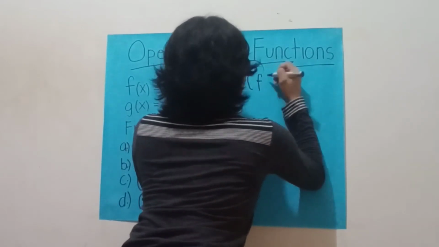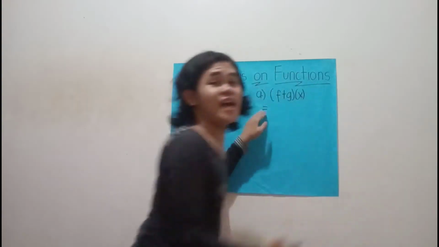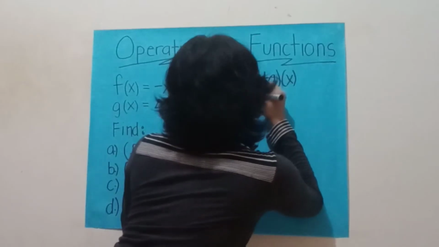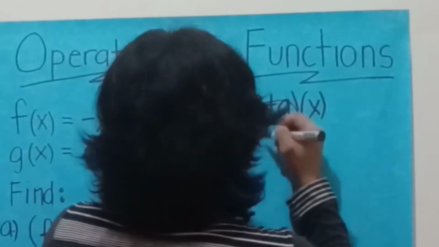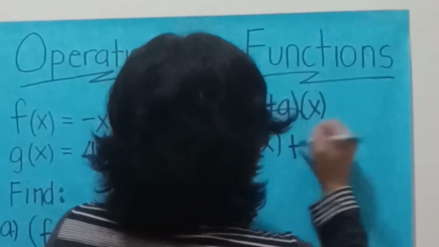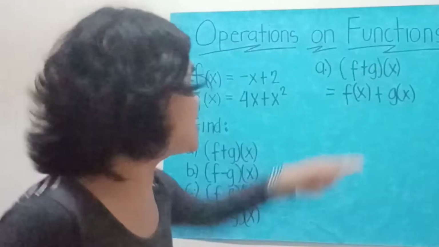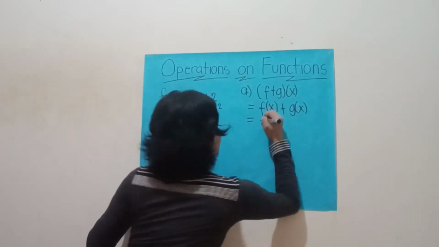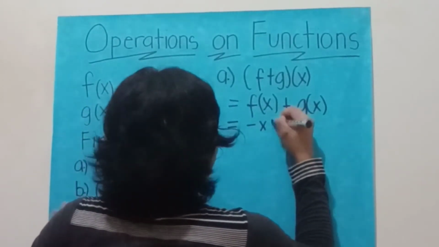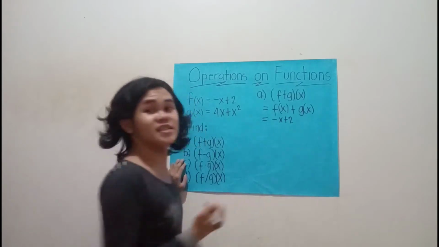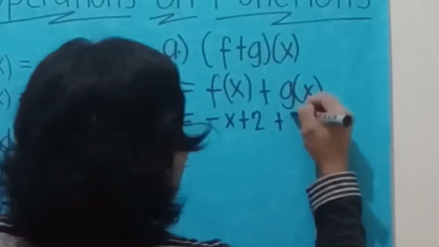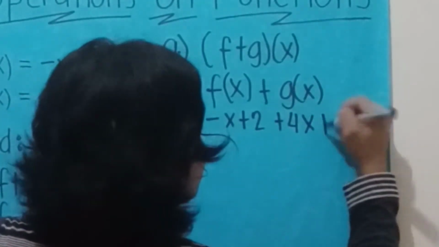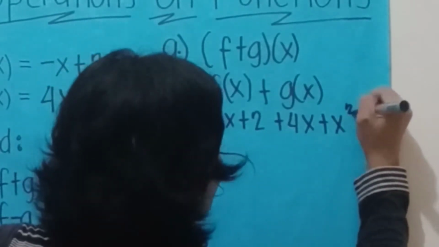The quantity f plus g of x is actually equal to f of x plus g of x. Step 1, we simply need to substitute. So we are going to put here our f of x, which is negative x plus 2, plus our g of x, which is 4x plus x squared.